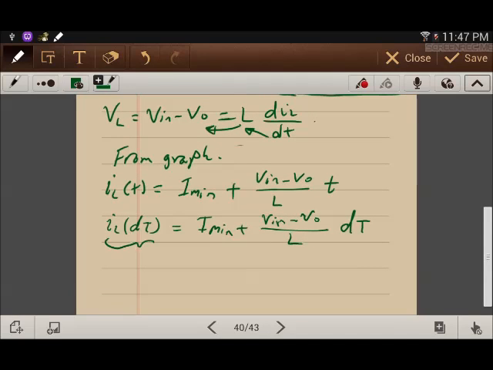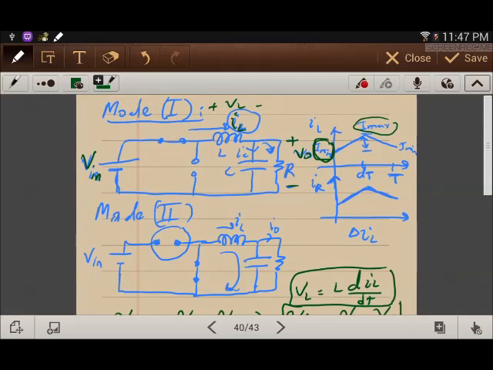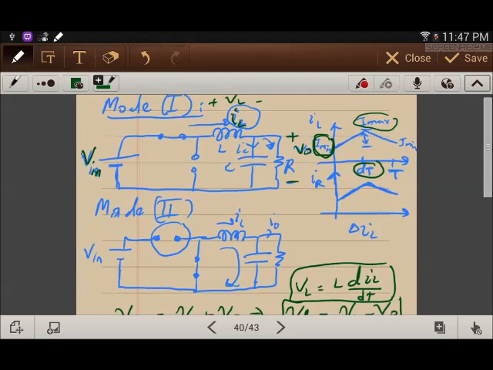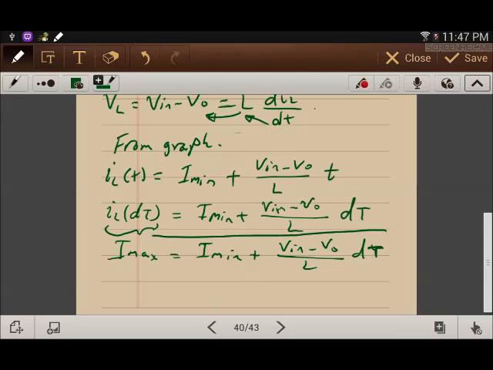As we can see, this is the maximum value, since the maximum value of the current happens at DT. So IL at time DT is the maximum current, which is equal to the minimum current plus (V input minus V output) over L times DT. This is equation number 1.